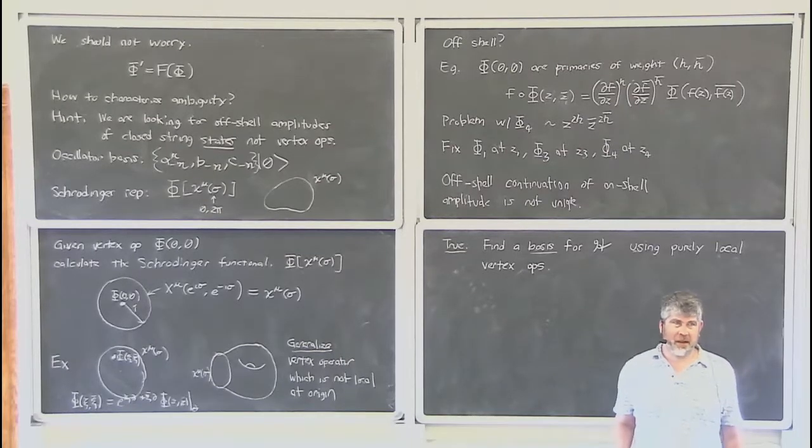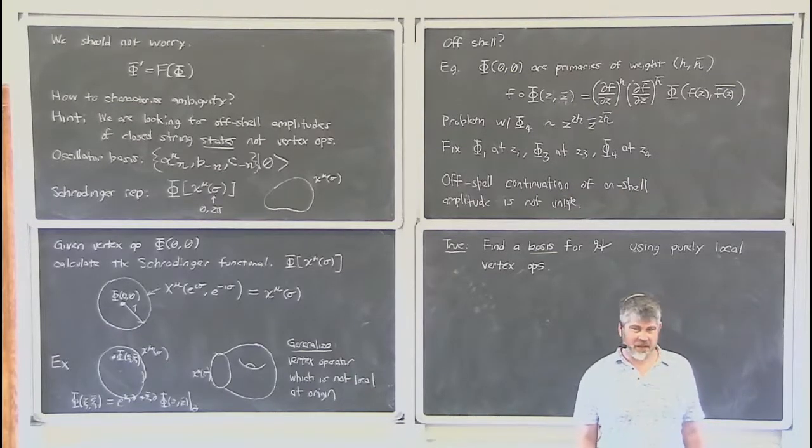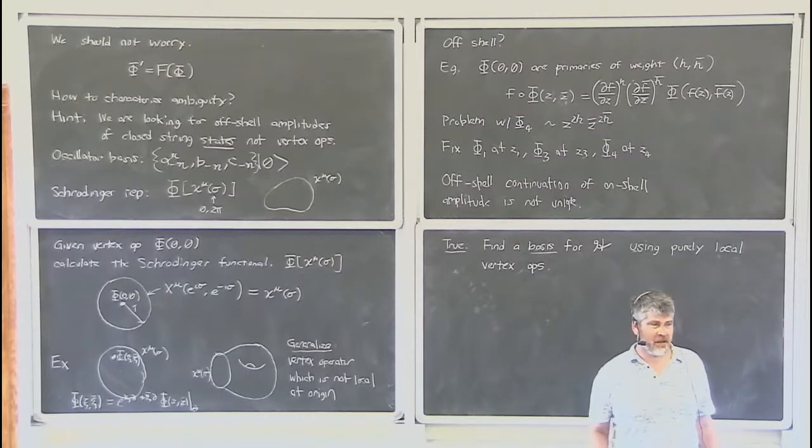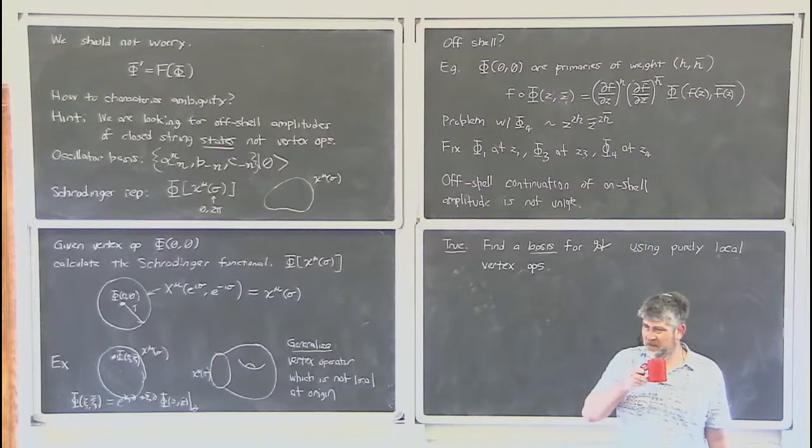Maybe this state is BRST invariant, but I don't think it's in HQ. First of all, it's ghost number 0, it's not ghost number 2. So yes, you can have BRST invariant states that are outside of HQ, definitely. But in HQ itself, in principle, you could take infinite sums of on-shell states and try to think about whether those would always be local. And that's a question of functional analysis. I'm not really sure. I don't know useful examples.